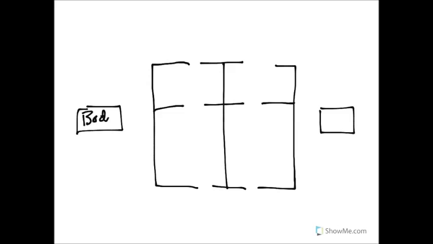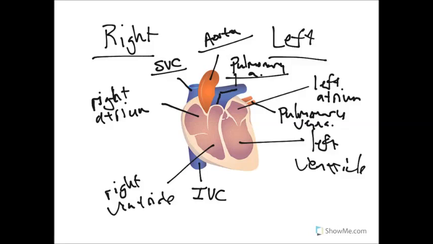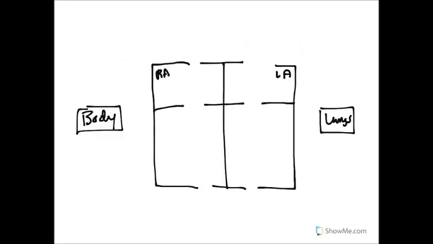So let's look at body systems, and let's look at lungs, and let's look at the 4 chambers of the heart. First off, our right atrium, remember, is our atria are a little bit smaller chambers, right? And our left atria. If you look at the atria, they are considerably smaller than the ventricles. So this would be a right ventricle, and this would be a left ventricle.